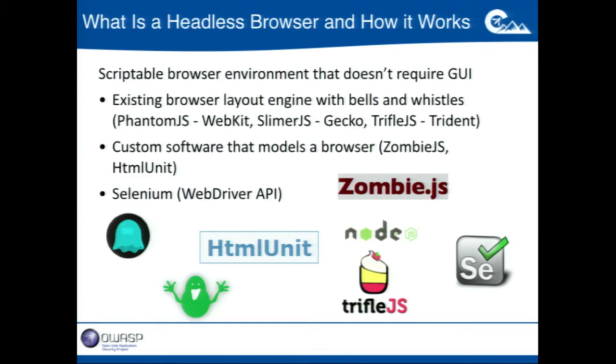Another category would be something that looks like a browser from a programming point of view, but it's not really a browser. It doesn't have a real browser engine in it. Zombie.js, which is Node.js-based, and HTMLUnit, which is Java-based, mimic a browser. The third group would be actual browsers that support the WebDriver API, which all major browsers do, with Selenium server.